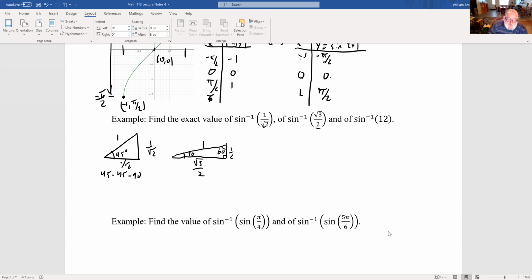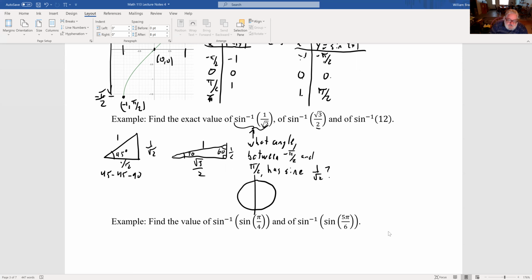So sine inverse of 1 over root 2. This is asking, what angle between minus pi over 2 and pi over 2 has sine 1 over square root of 2?